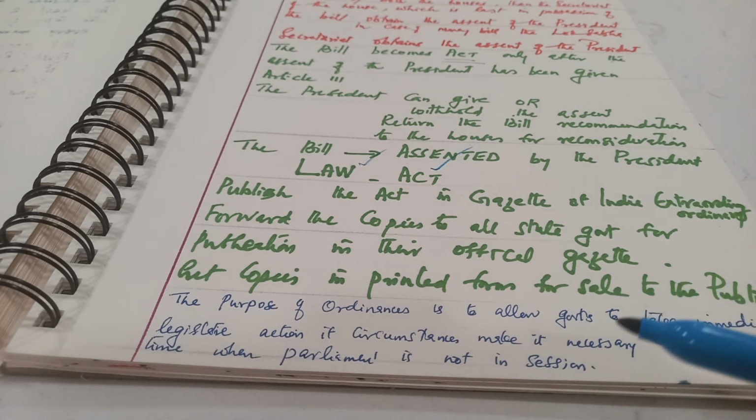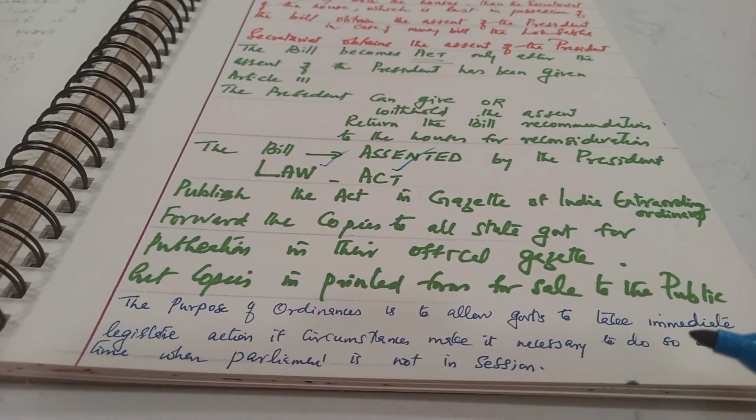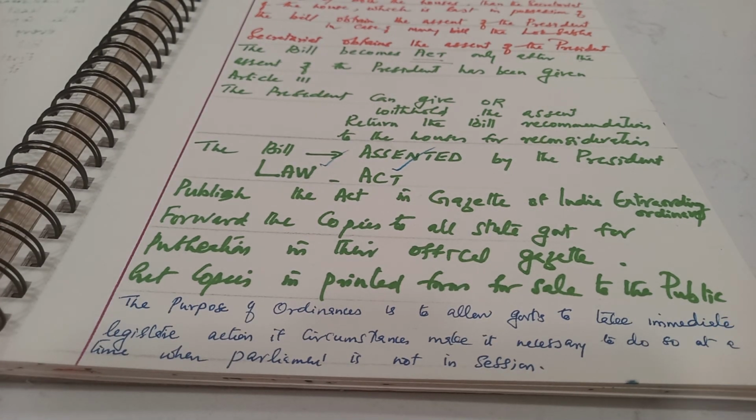If the parliament is not in session and there is some urgency, the government can pass ordinances and formulate a law, and they can pass it if the parliament is not in session. That should also get the concerned assent from the president and both of the houses. Thank you.